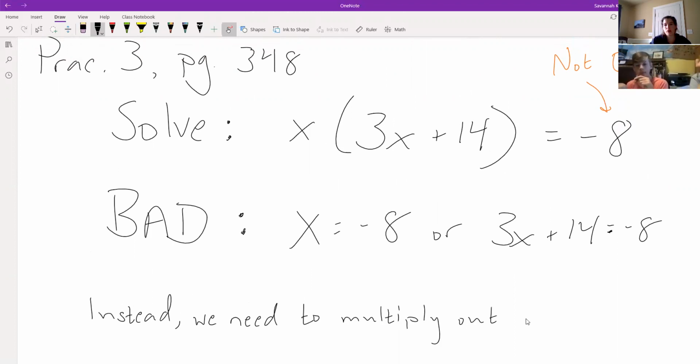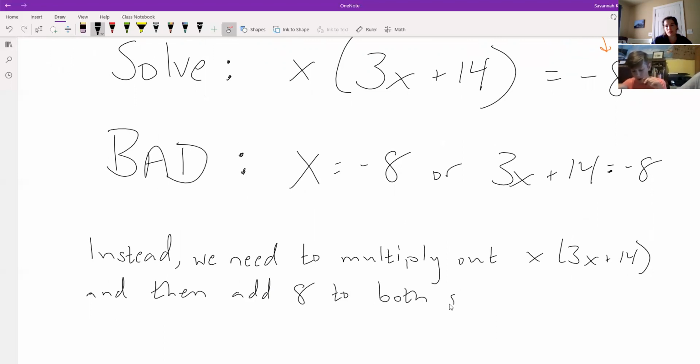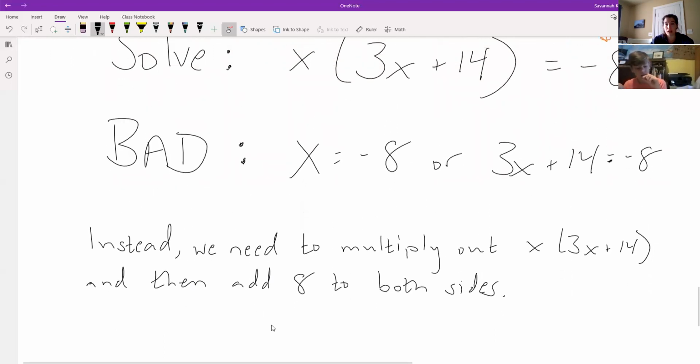We are going to multiply out the x times the 3x plus 14 and then add 8 to both sides. And it feels really awful to do that because we hate seeing something factored and messing it up. But that's the only way to get past what they gave us because they're being really tricky.